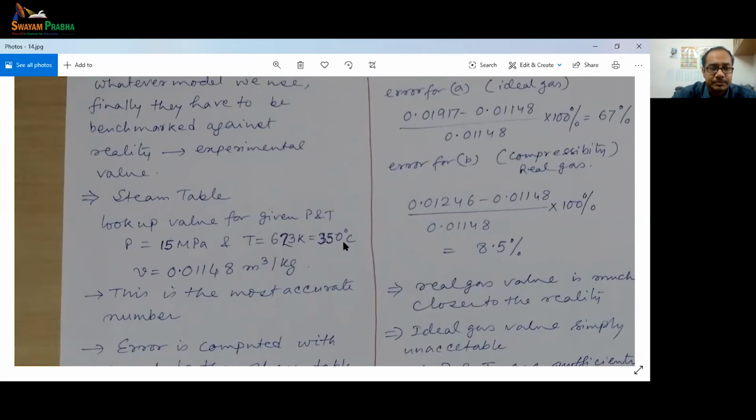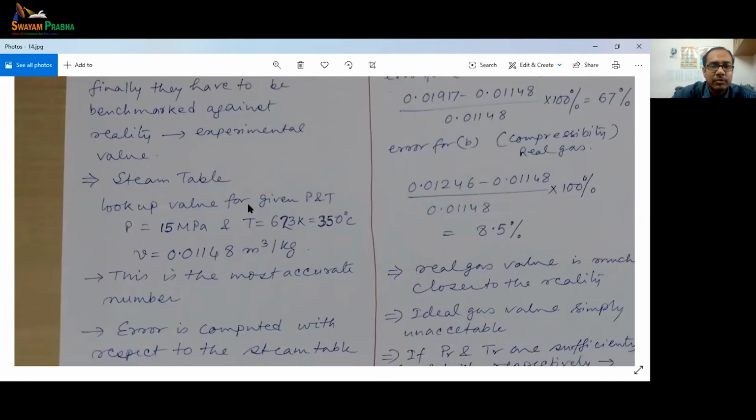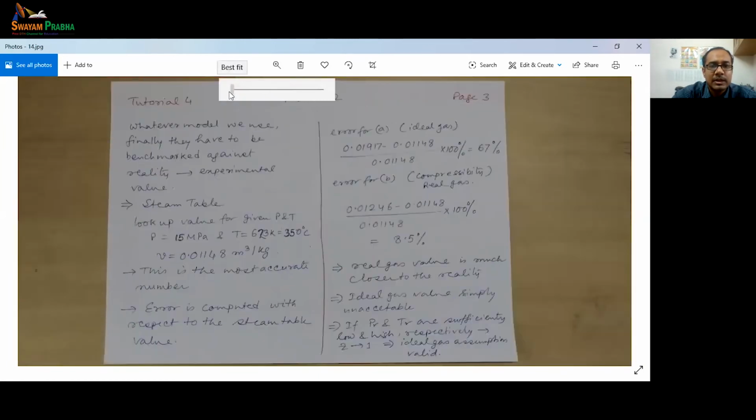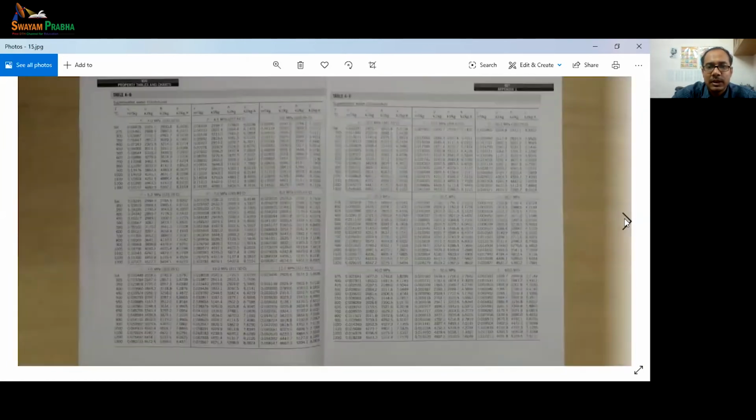values against. So if we look up the superheated steam table, 15 MPa and temperature 623 Kelvin, that means 350 degrees centigrade, because 350 degrees centigrade is the value that is given for the steam table. So let's look at the value for 15 MPa and 350 degrees centigrade.